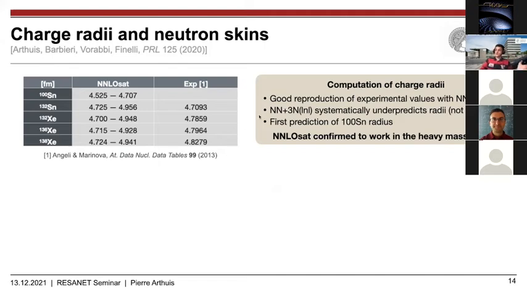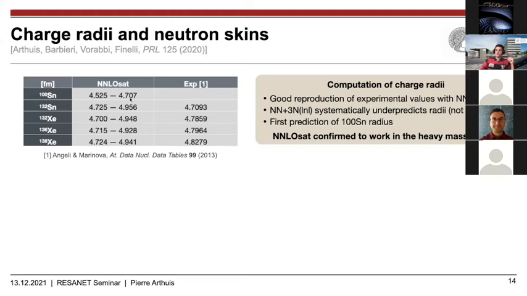And what you can see from the get-go is that we have a pretty good reproduction of the experimental values with end-to-end SAT. The xenon experimental values are within our error bars, even though they tend to be slightly on the lower end of them. We are slightly over-predicting with the case of Tin132, but we are not that far either.